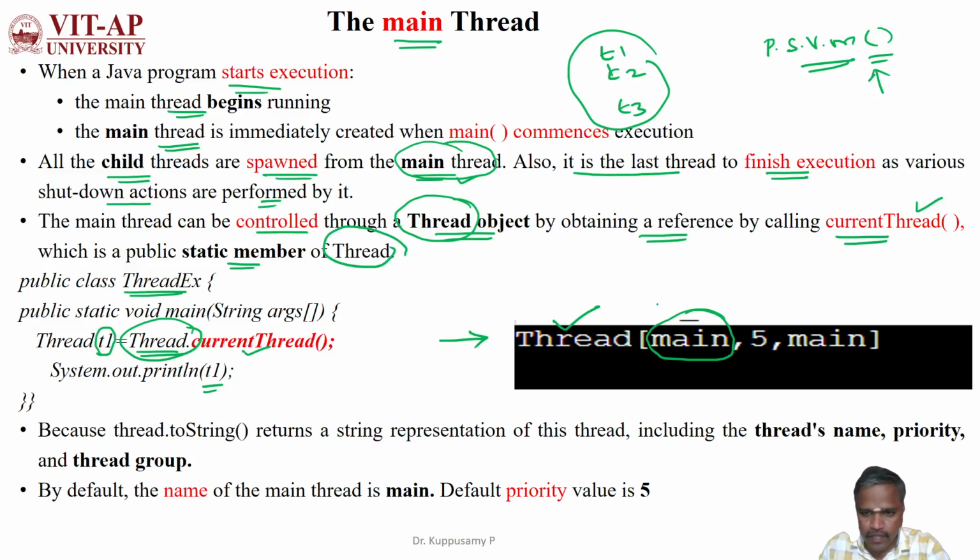The name of the thread is main, and by default the priority of the thread is 5. Then this one is the group of the thread, either the main group or a child group. Like that, the group of the thread is also mentioned whenever we call the method Thread.currentThread. Here it gives the name of the thread as main and the priority value as 5.